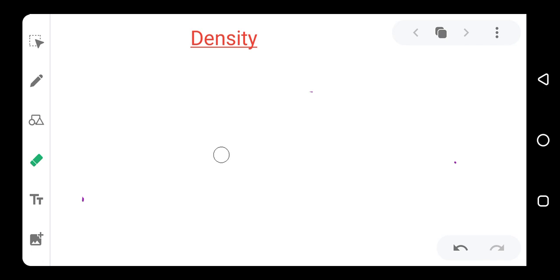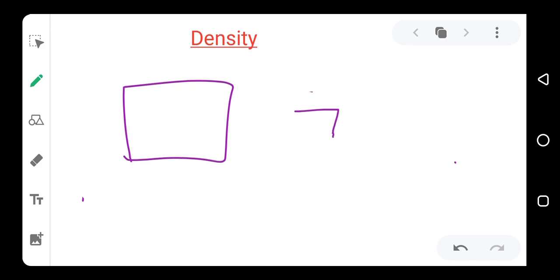This is a chunk of wood. Now, when we cut it and get just one, let's assume that this is 1 meter cube of it. The volume is 1 meter cube of this chunk of wood.